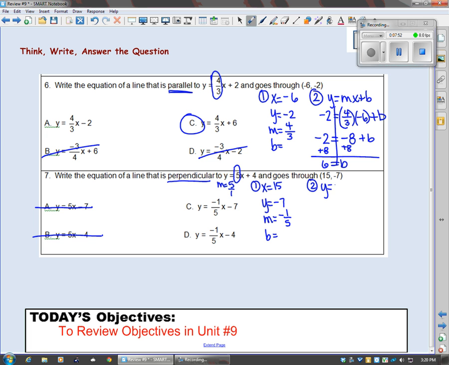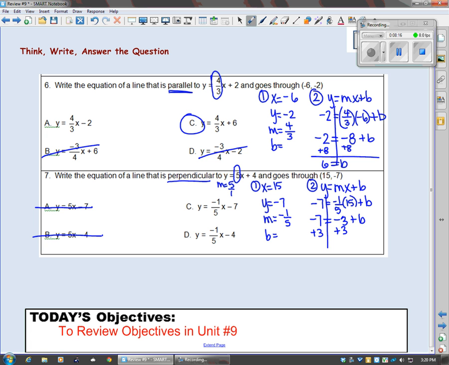y equals mx plus b, we're going to plug in to find b. Y is -7, m is -1/5, x is 15. I need to multiply my m and my x, and I get -3. So -7 equals -3 plus b.